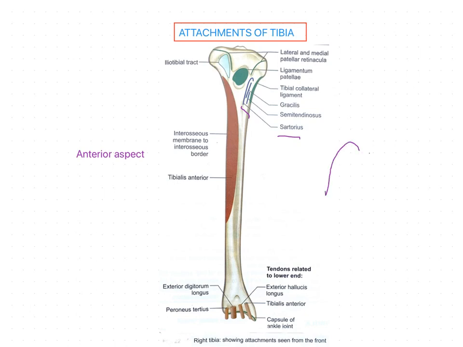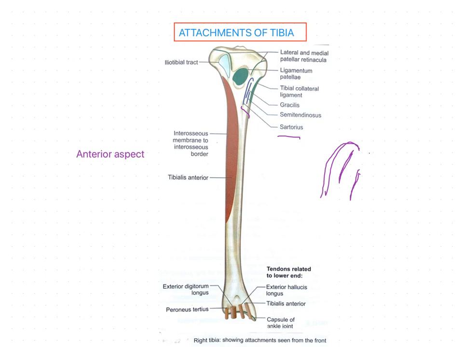If you move to the more medial aspect, the muscle here is the Semitendinosus, and in between them you will have the muscle called Gracilis. So the three muscles attached on the anteromedial aspect are Sartorius, Gracilis and Semitendinosus.